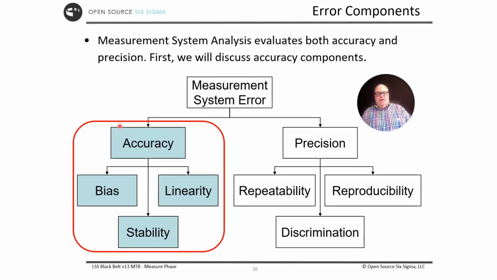Accuracy, so all of the things under accuracy being things that might impact where the mean lies, any kind of bias we're going to introduce. And then over here on the precision leg is where we get into the R and the R, the repeatability and reproducibility, along with the discrimination of the measurement system itself. So let's start over here on the accuracy leg, or any bias we might introduce to the mean of the process output.